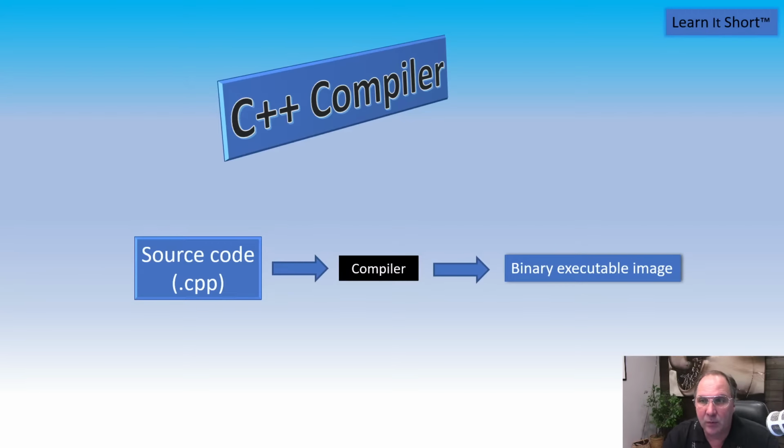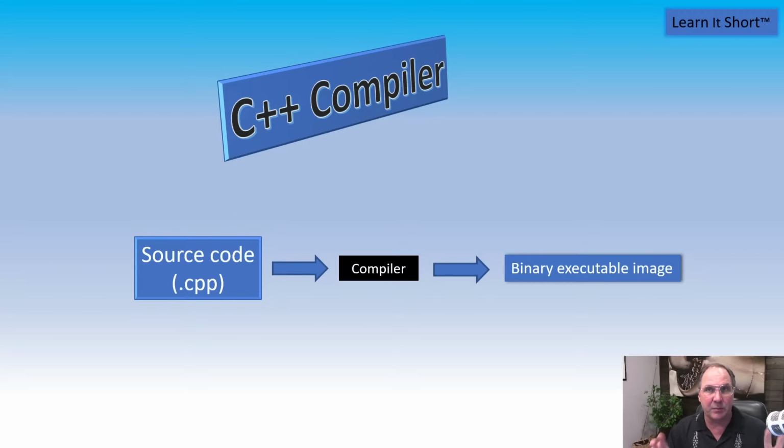Now, once you have your C++ compiler, what do I mean by compiler? What do we do with that? What's the purpose? Well, as a programmer, if I'm going to write a program in C++, I'm going to work with the source code. That's the human-friendly part of programming.